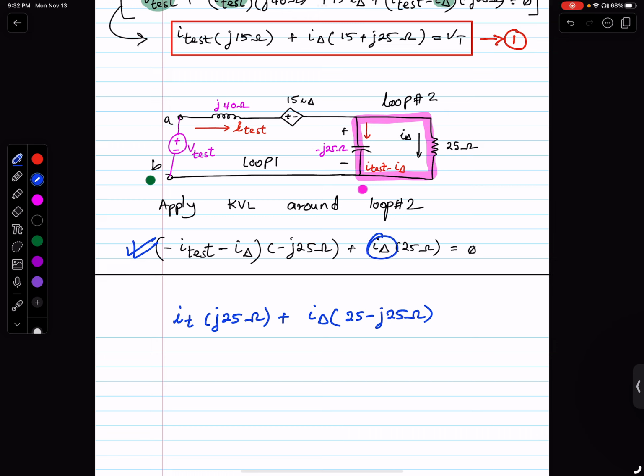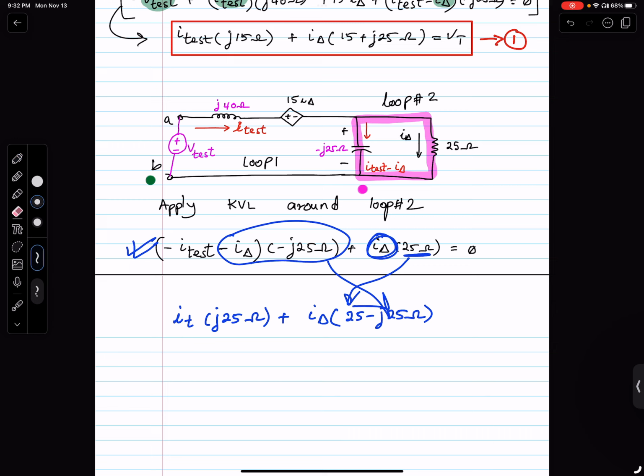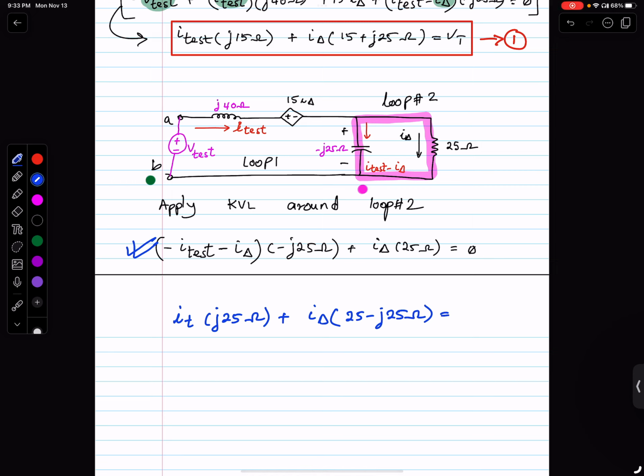All I have done is factor out I delta from this term and this term. So there is an I delta times J25 ohms that's coming here, and 25 ohms is coming here. So it's simply a mathematical manipulation we are doing at this point. So that equals 0. So here is my equation number 2.